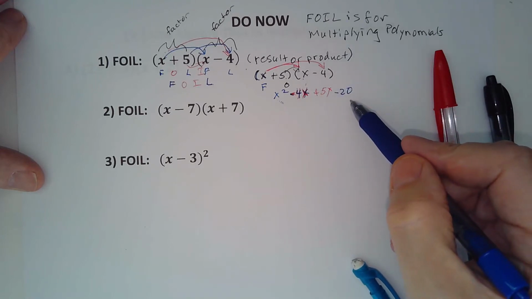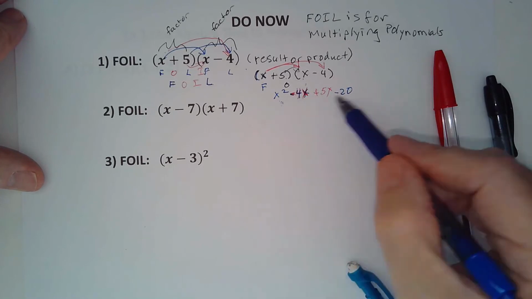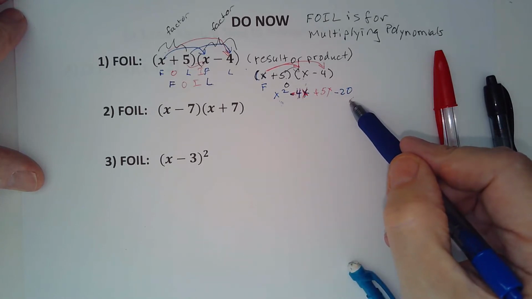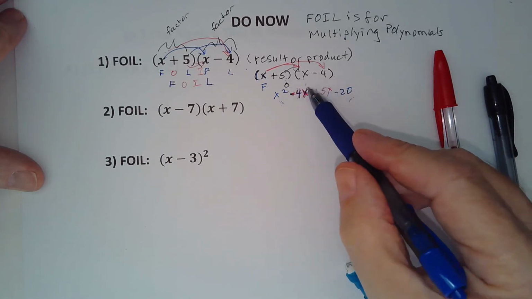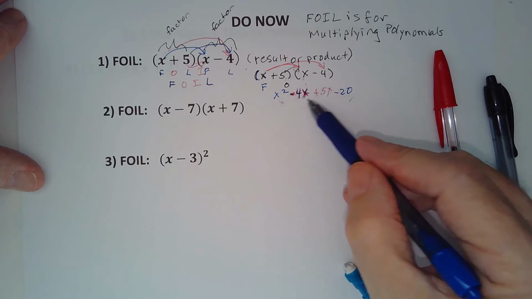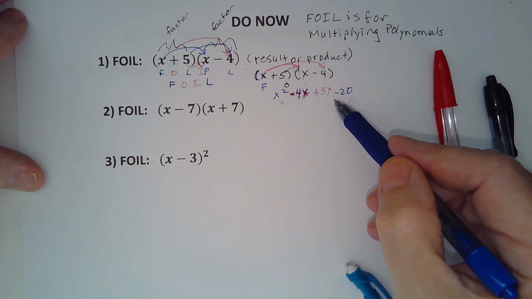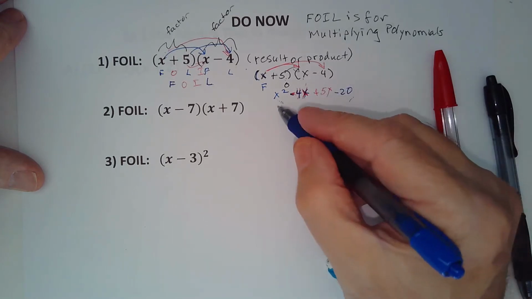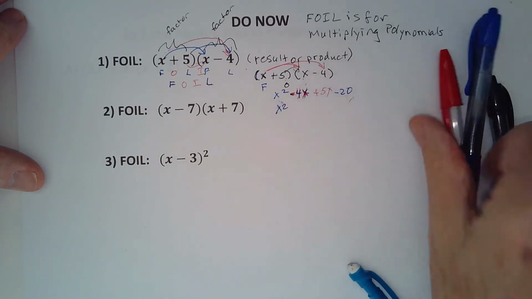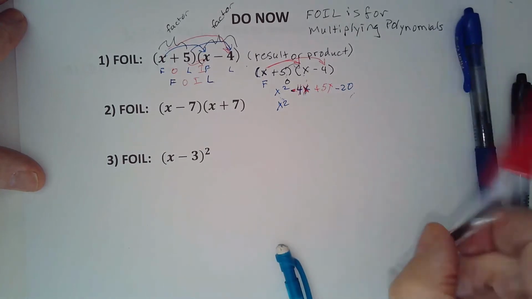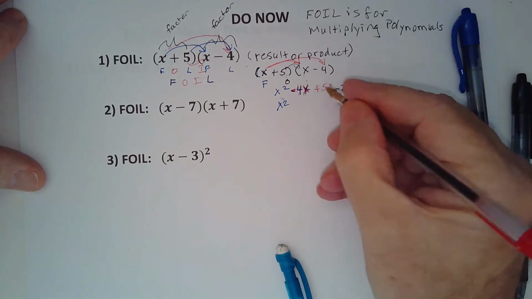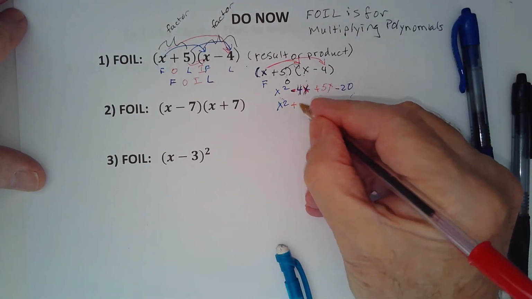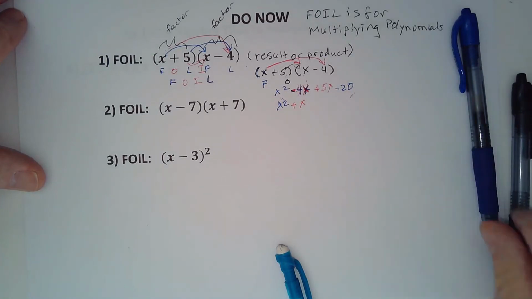And of course, the first terms and the last terms are always multiplied together. It's the terms in the middle, they're multiplied together, but then they're added together. Okay, so that's an important distinction to note. So this simplifies to x squared, and then minus 4x plus 5x is just x, and then minus 20.